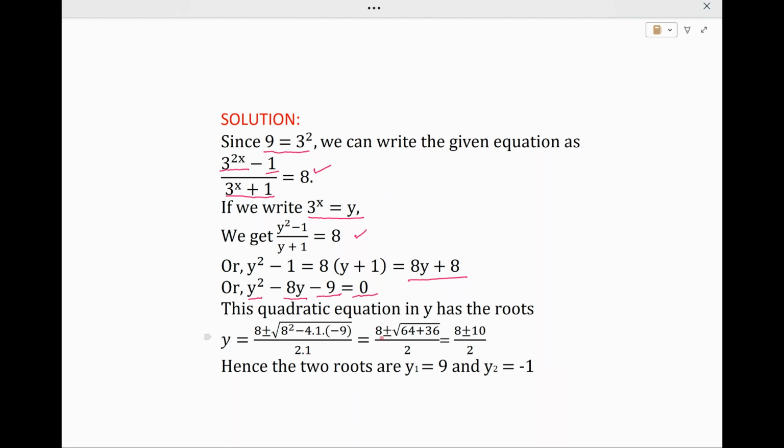That is equal to 8 plus minus square root of 64 plus 36 divided by 2. And since 64 plus 36 is equal to 100, the square root of that would become 10. So y would be 8 plus minus 10 divided by 2. So the two roots would be y1 is 9 and y2 is minus 1.